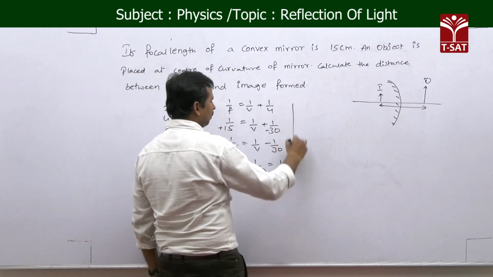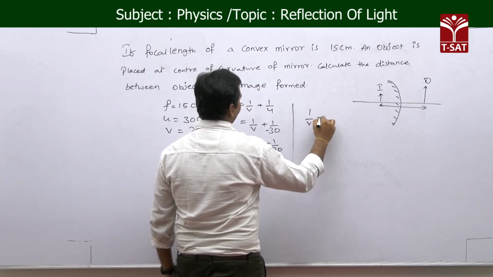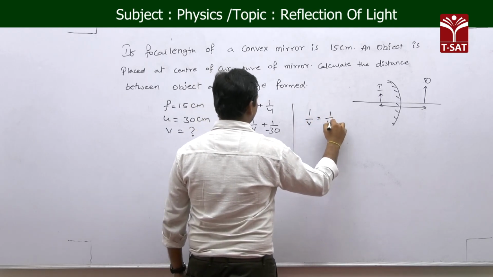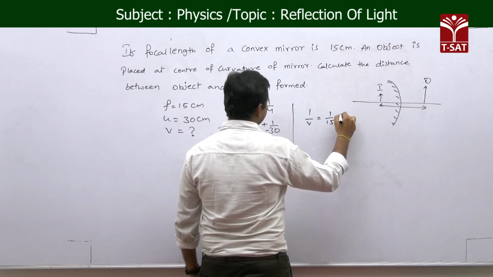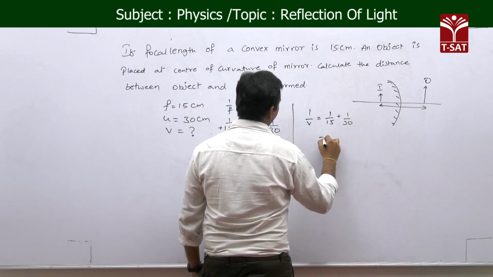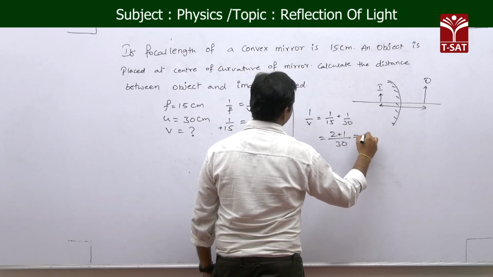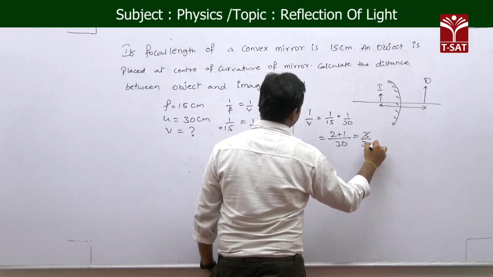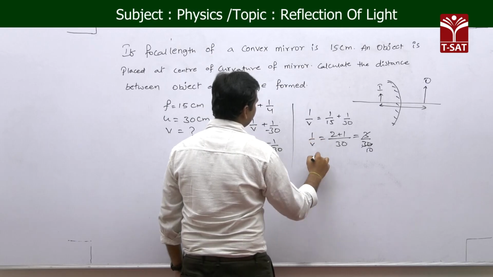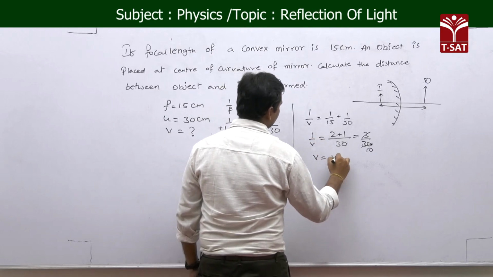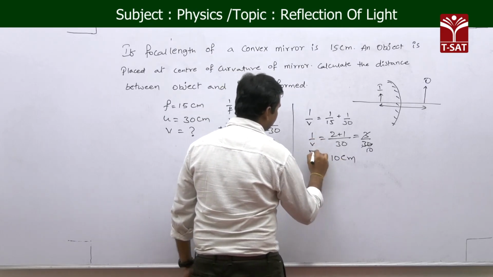Finally we got 1/v = 1/15 + 1/30. Taking LCM 30, this is (2 + 1)/30, which is 3/30. Finally we got the image distance as positive, and that is 10 centimeters.